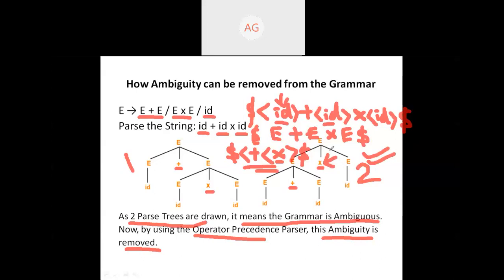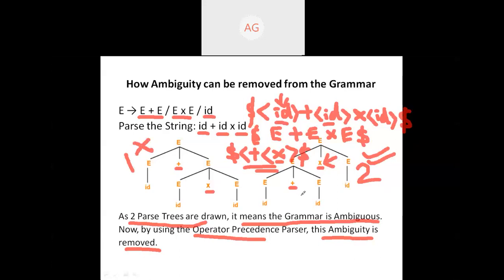The first parse tree is not considered because in that parse tree plus has greater precedence than the into.